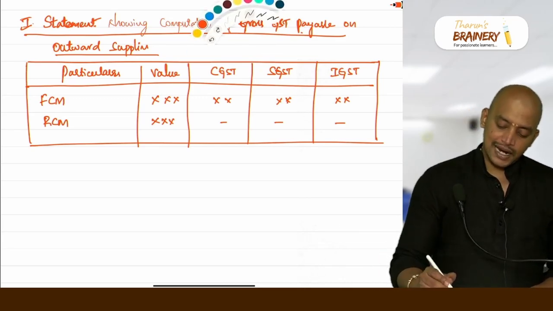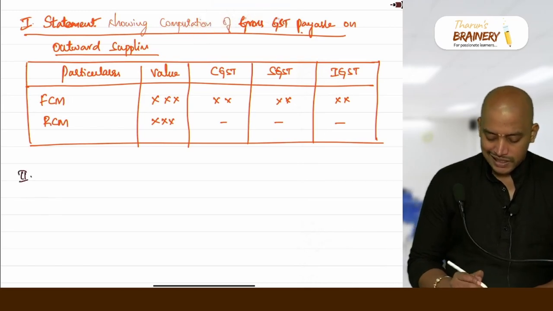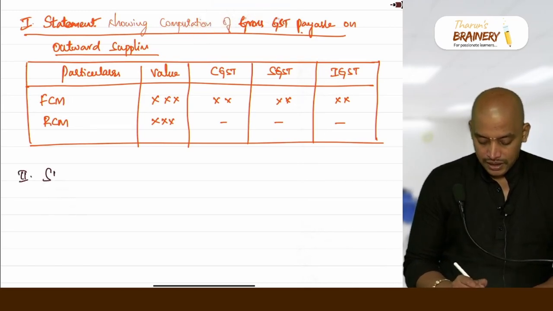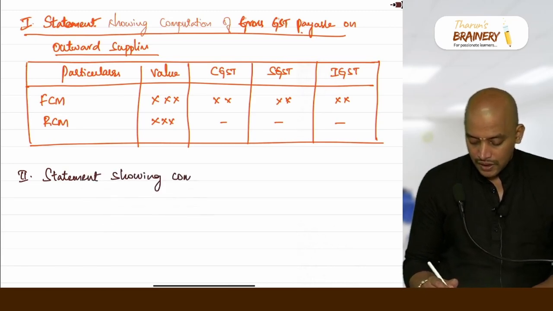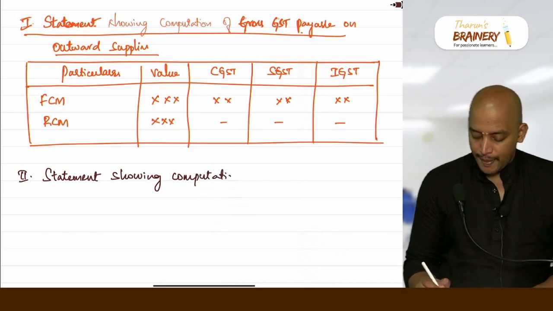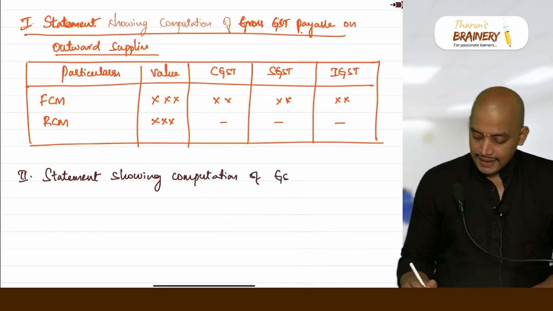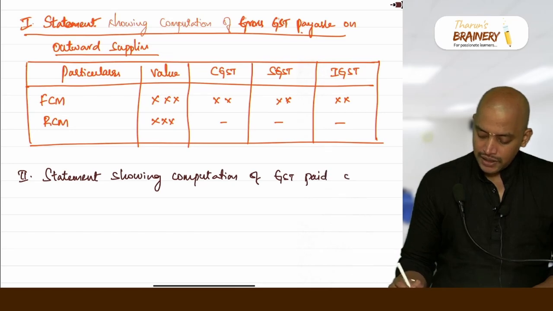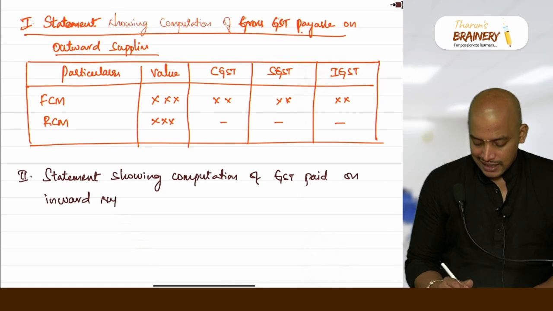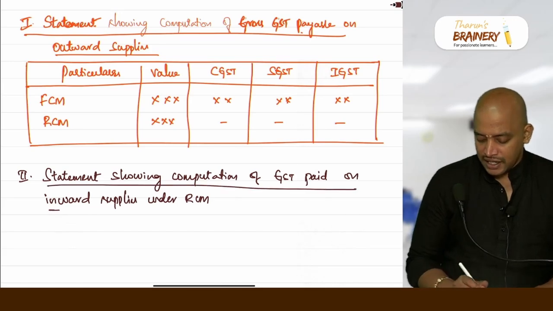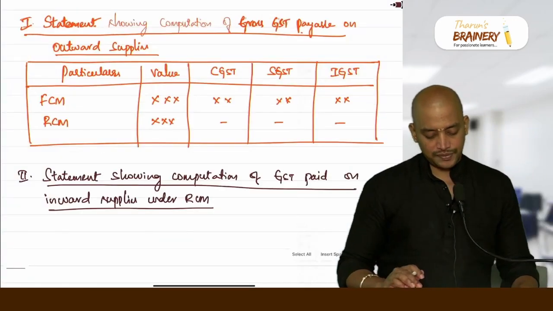Then the second statement: statement showing computation of GST paid on inward supplies under RCM. Whatever is your RCM liability should come in the second statement.